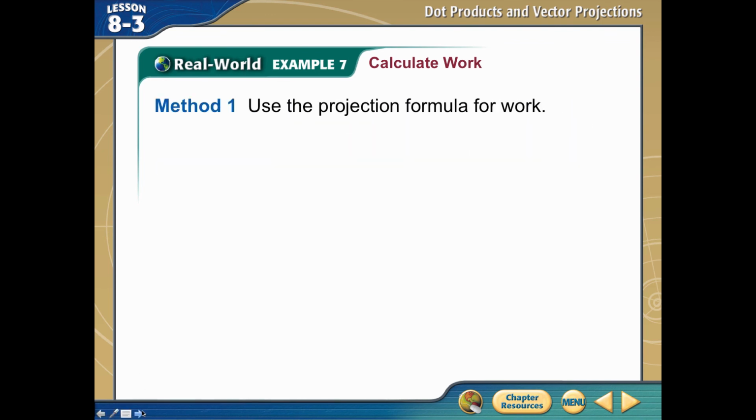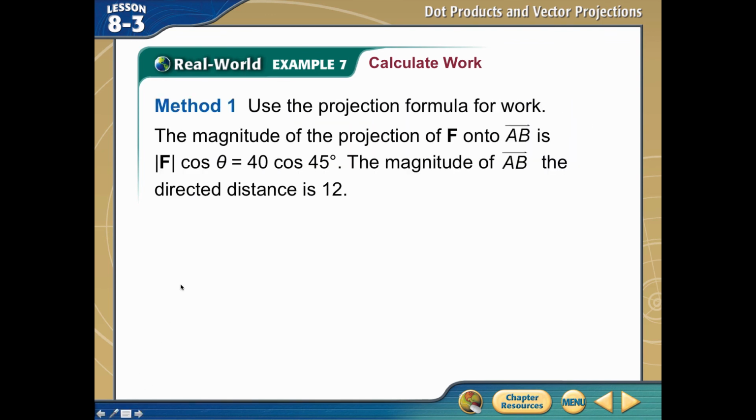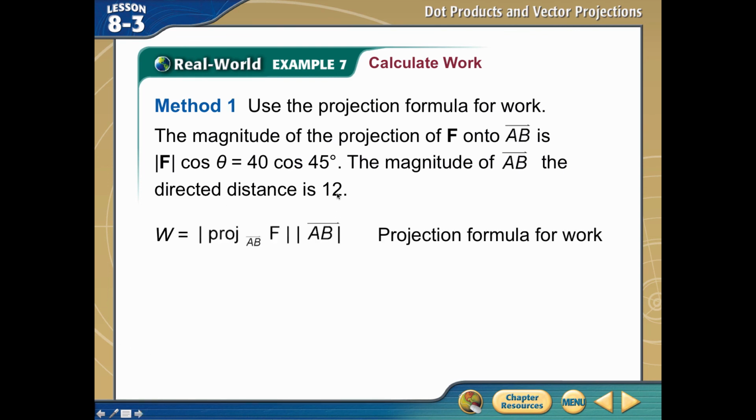So the magnitude of the force times cosine theta is going to give you the magnitude in that direction. You're going to multiply that by 12. So it's really 40 cosine 45 times 12 is how you get to the answer on this one.